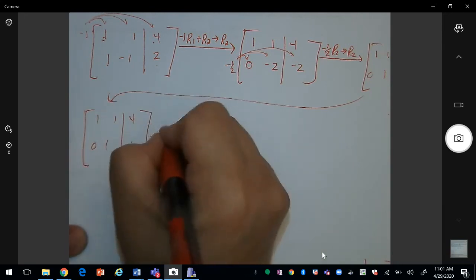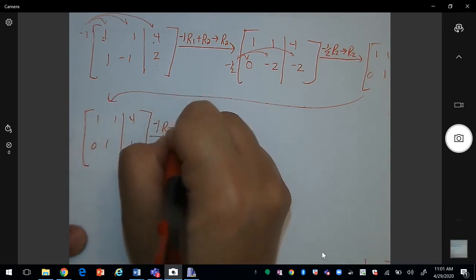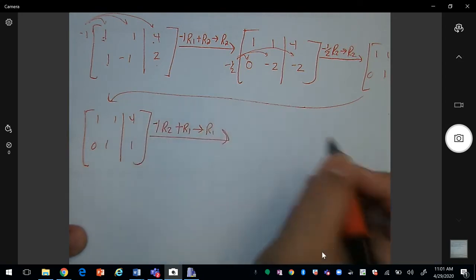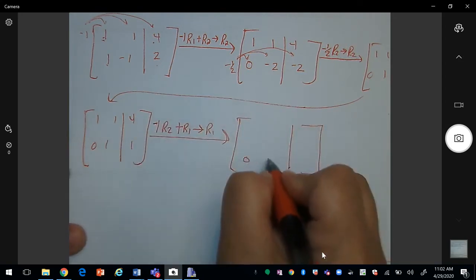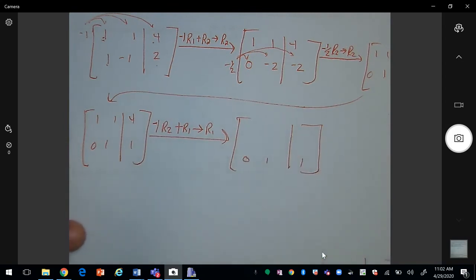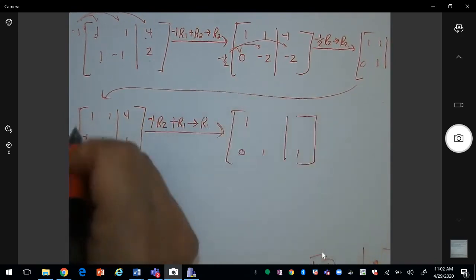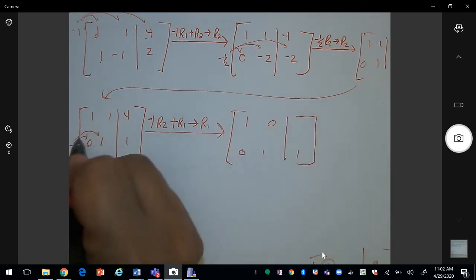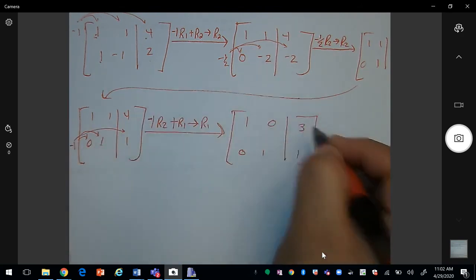So I'm going to multiply -1 times row 2 and add it to row 1, and I'm trying to change row 1, so I'm going to put my solution back into row 1. I'm not going to change row 2, so I just write it down. And so now -1 times 0 is 0, plus 1 is 1. -1 times 1 is -1, plus 1 is 0. And -1 times 1 is -1, plus 4 is 3.